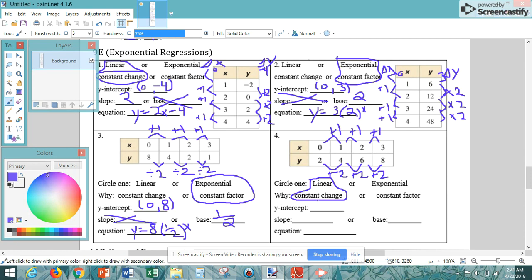Our y-intercept is 0, 2. We don't have a base. Our slope is rise over run, 2 over 1. That's just 2. Our equation, y equals mx plus b. So y equals 2x plus 2.